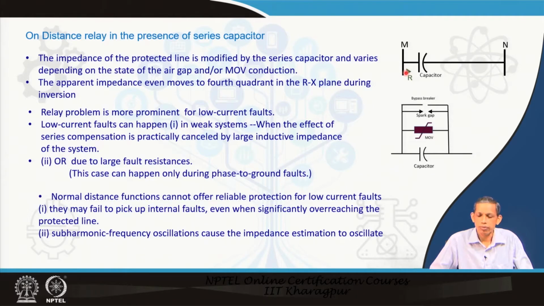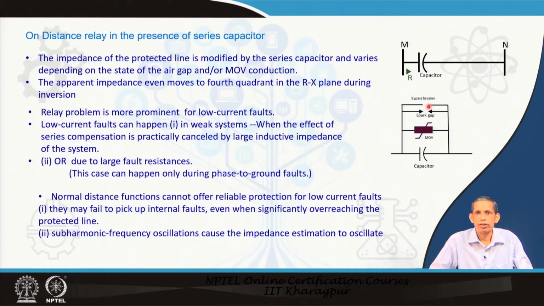Now, when it comes to the situations as observed by the distance relay here, what are the associated issues? Whenever a fault happens in the line, fault current flows through the capacitor and through the relay also, they are in series. In the fault loop the capacitor may be there or the capacitor may be bypassed by the MOV and the spark gap arrangement.